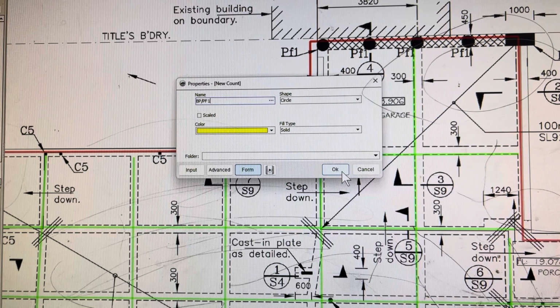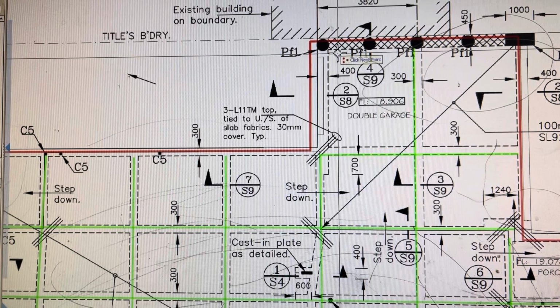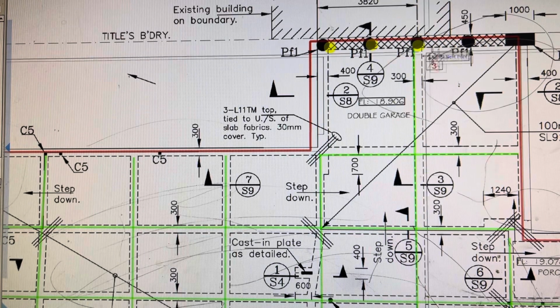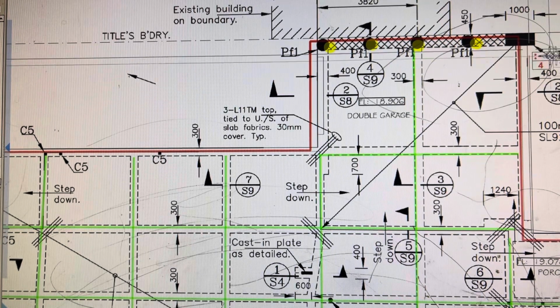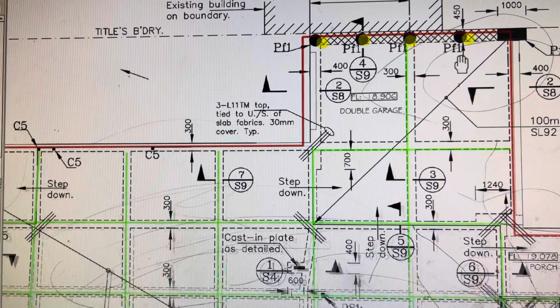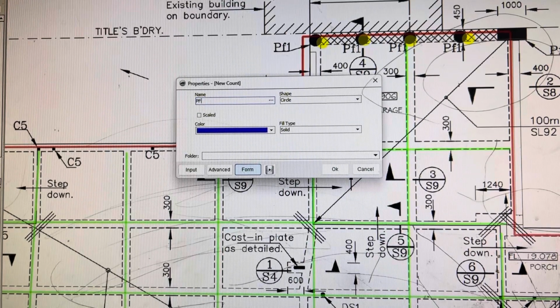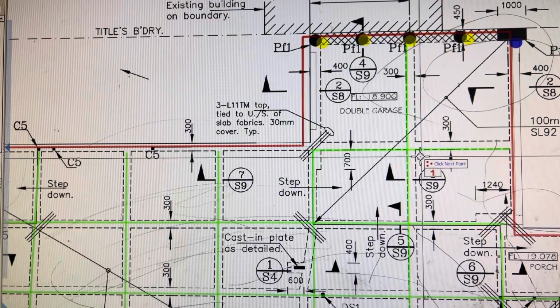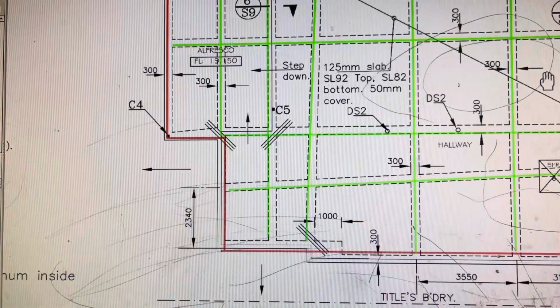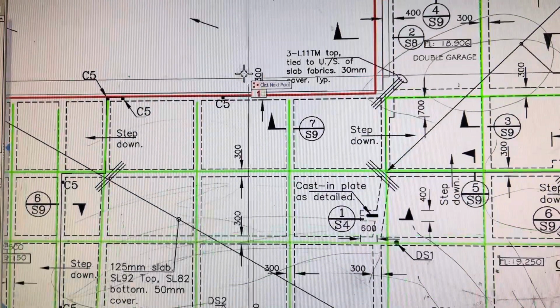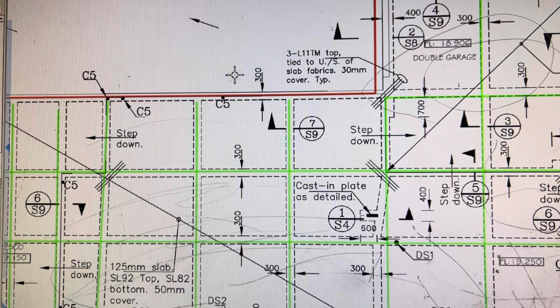But for simplification, we are just calling them all similar. So 1, 2, 3, 4, and this is PF2. Okay, stop here, and the PF2. It's this one. So we got all the footings and the area of the slab.